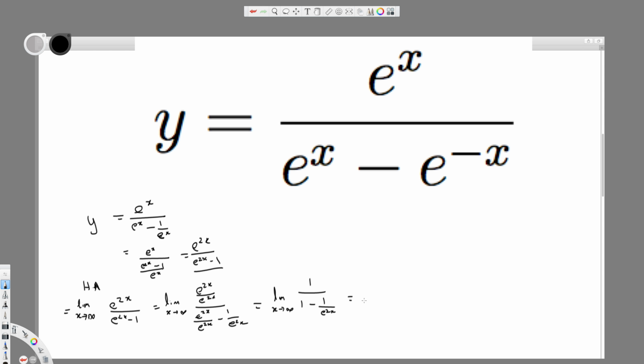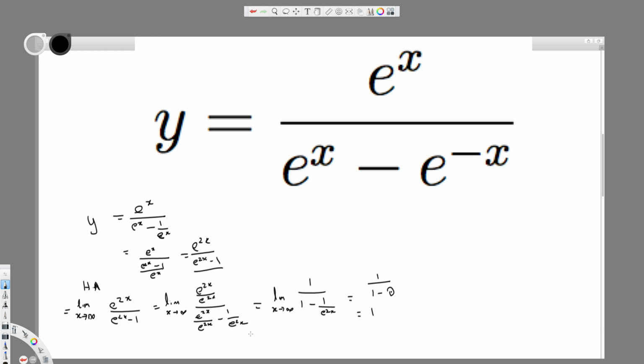This is going to be e^(-2x), and I can now plug the infinity here. So it's going to be 1 over 1 minus 0, because e to the power of negative infinity is going to be 0. So it's going to be just 1.